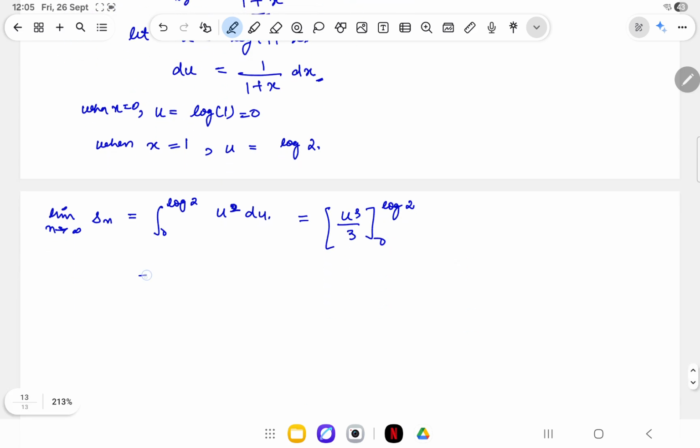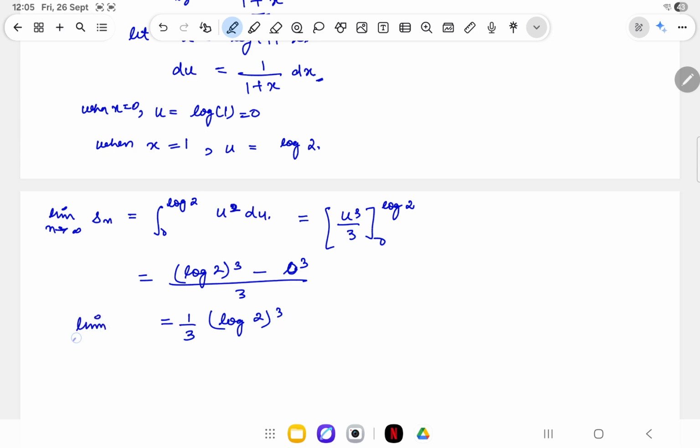If you simplify it, you will get log 2 cube minus 0 cube divided by 3, that is 1 by 3 into log 2 cube, and that's the final answer. Basically that's the limit we are supposed to calculate, the value of the limit of Sn as n approaches infinity.